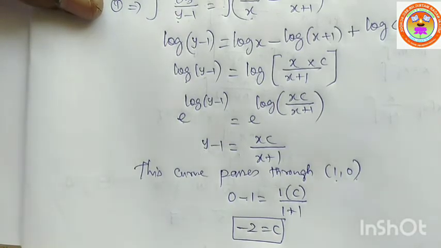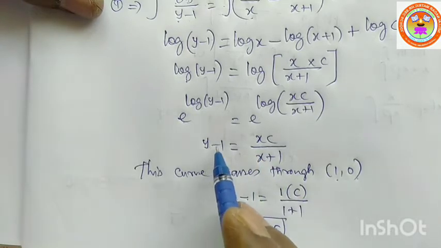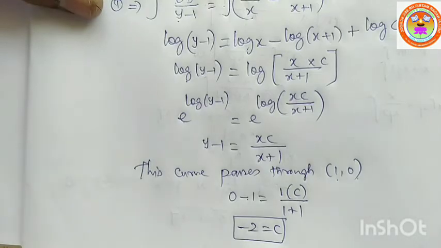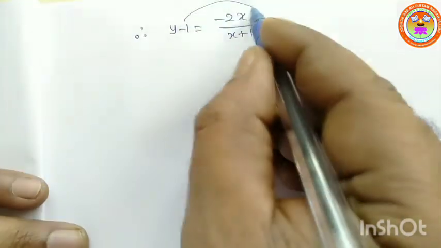Now we are going to apply the c value in this equation. When we apply the c value, it will become y minus 1 is equal to x into minus 2 by x plus 1. Bring this 1 to the right hand side.